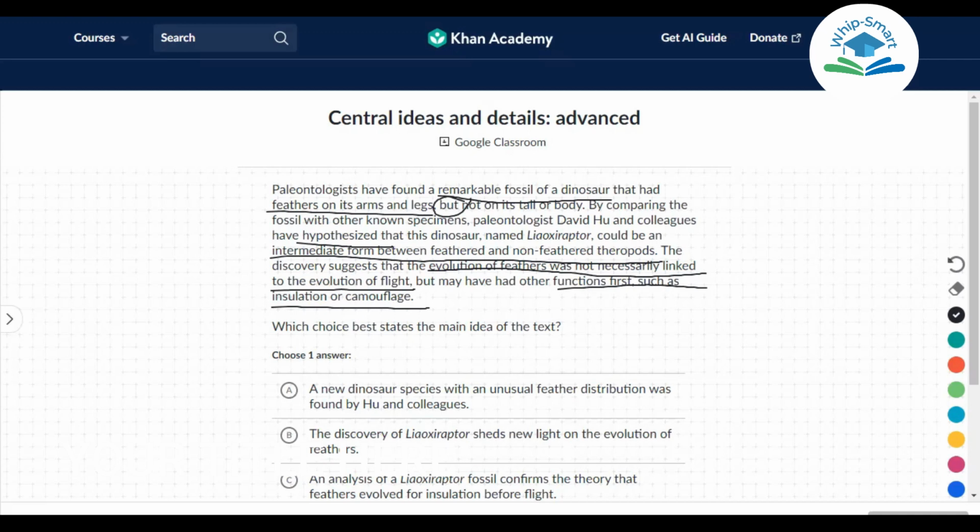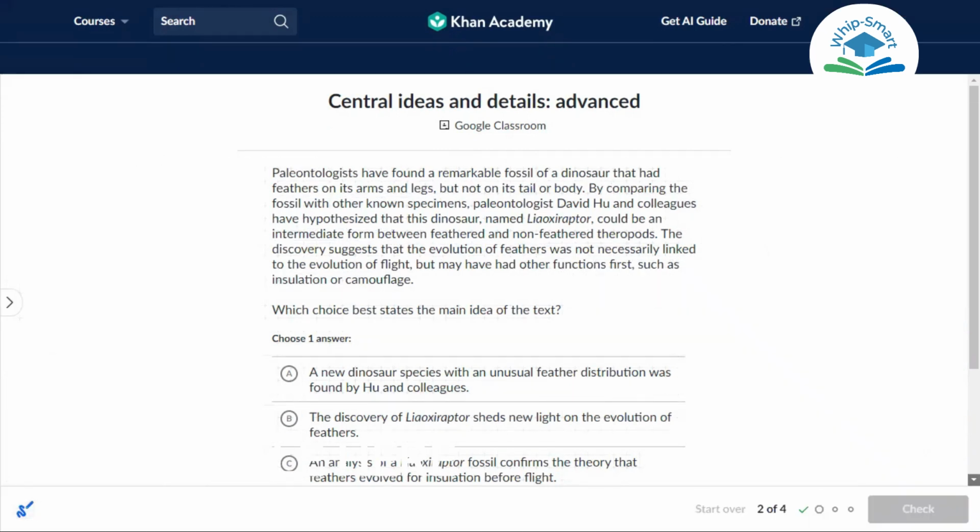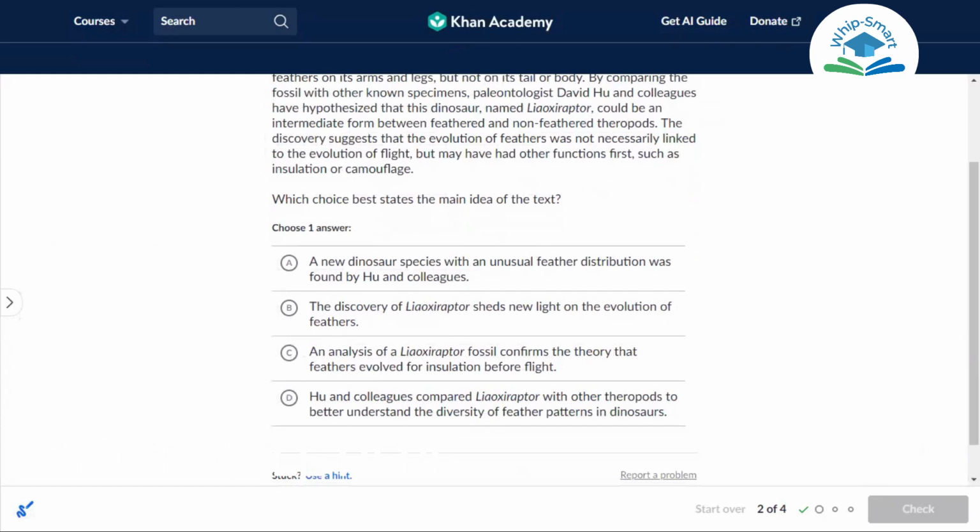Okay. So they've asked you for the central idea. So here you go with the choices. We've done the anticipation. This text is all about facts about the evolution of flight, right? Can we work on choice A?